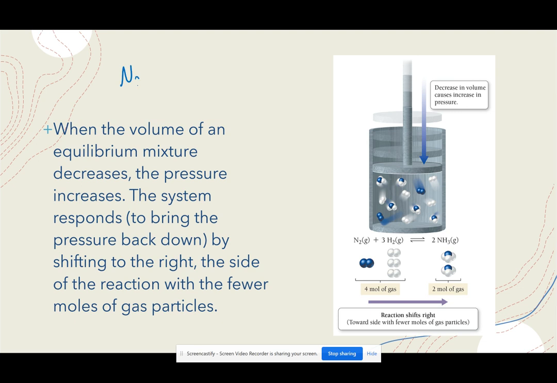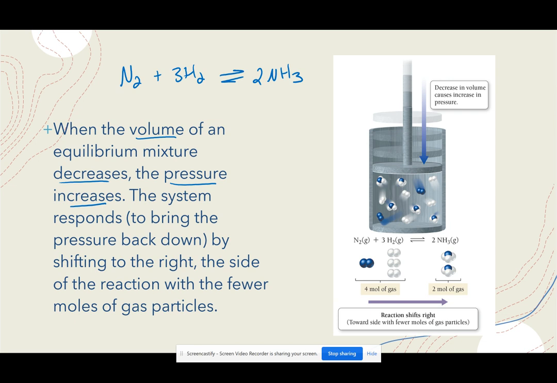So this system is nitrogen plus hydrogen in equilibrium with ammonia. I have this in a container, it's at equilibrium, and then I decrease the volume, which means the pressure is going to increase. And so the system needs to shift to get that pressure back down to what it was. And the way it does that is by decreasing the amount of gas particles present.